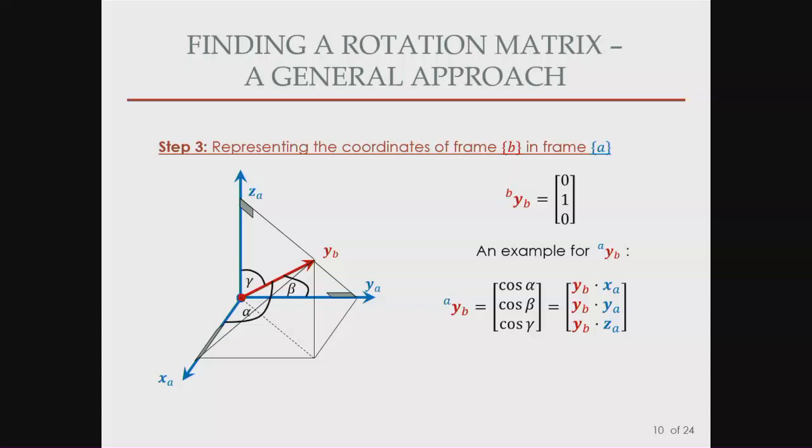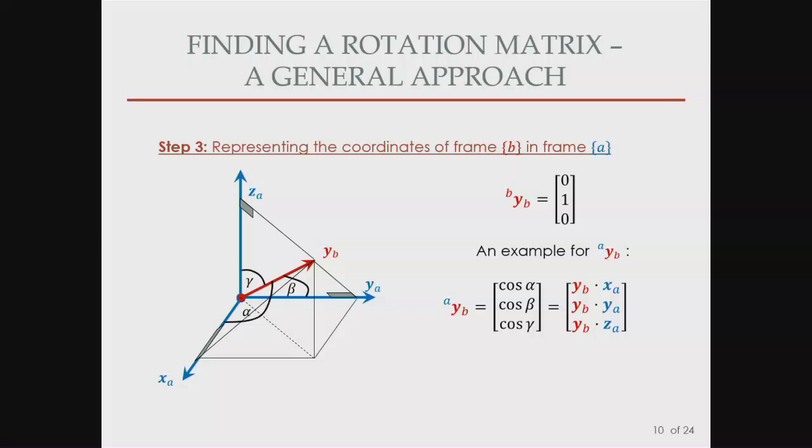That would just say, in other words, the cosine of the angle between these axes. Okay? Because all of the axes of coordinate systems we are working with are unit vectors, so their magnitude is 1. All right, so this is why I can write here a vector dot vector. So the value of cosine alpha is the projection of YB onto XA, and I can write it in an alternative way as YB dot XA.